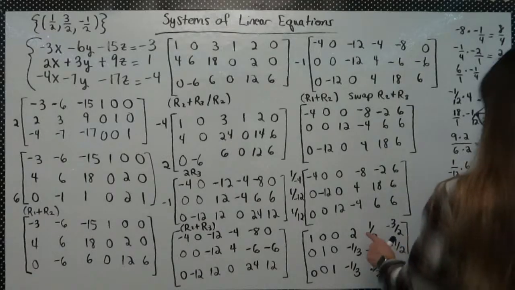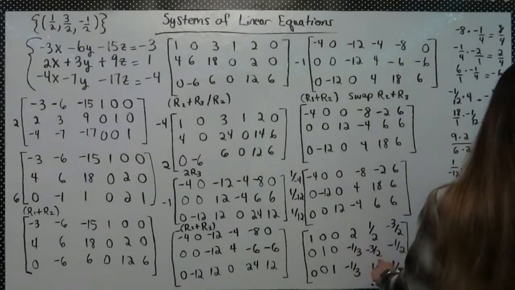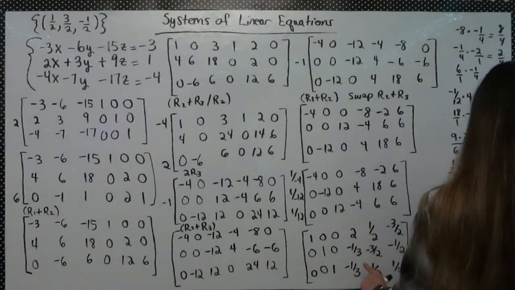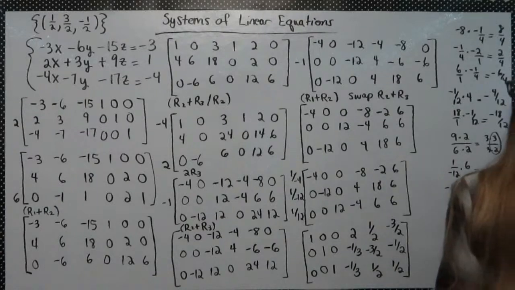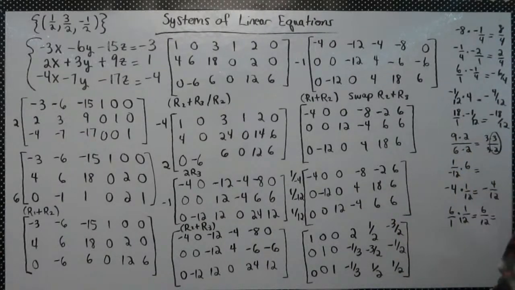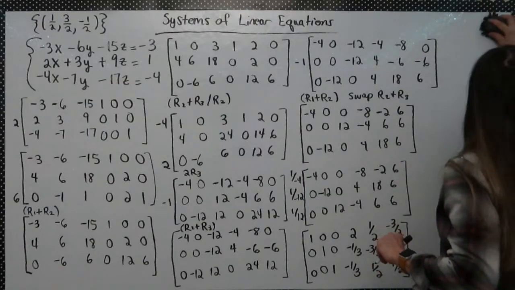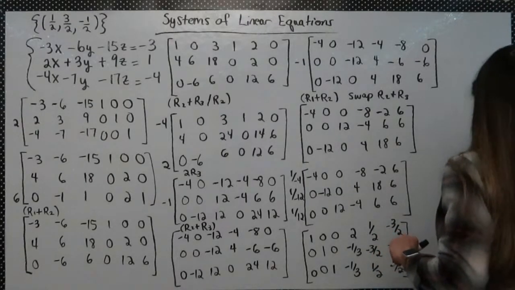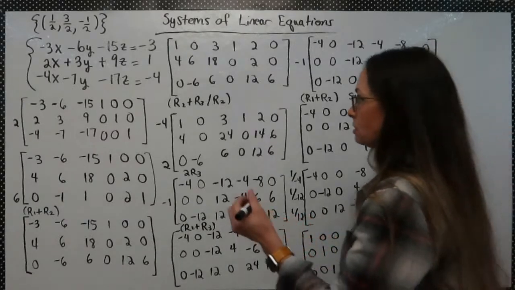So we've got 2 1/2, negative 3 halves, negative 1/3, negative 3 halves, negative 1/2, negative 1/3, 1/2. Perfect. Okay, mission accomplished. And I'm going to erase my scratch because I need this room. But as soon as you have your inverse, all you have to do is multiply by your constants.